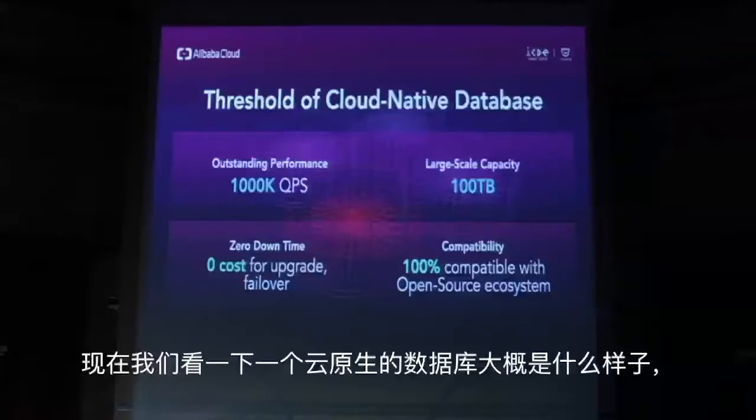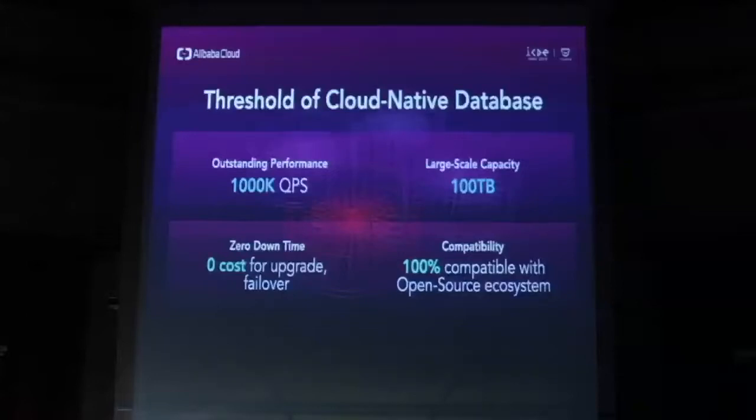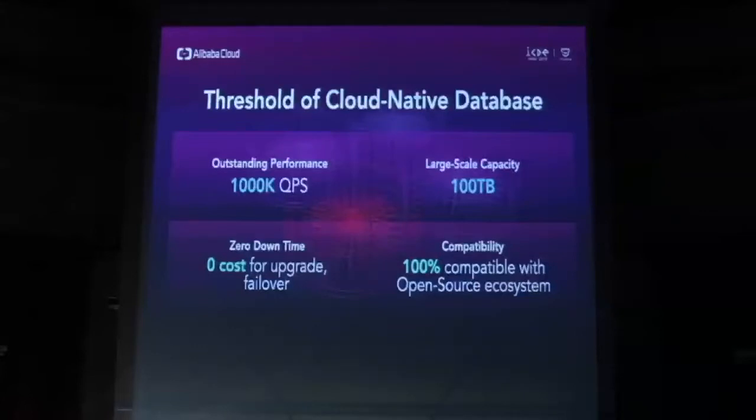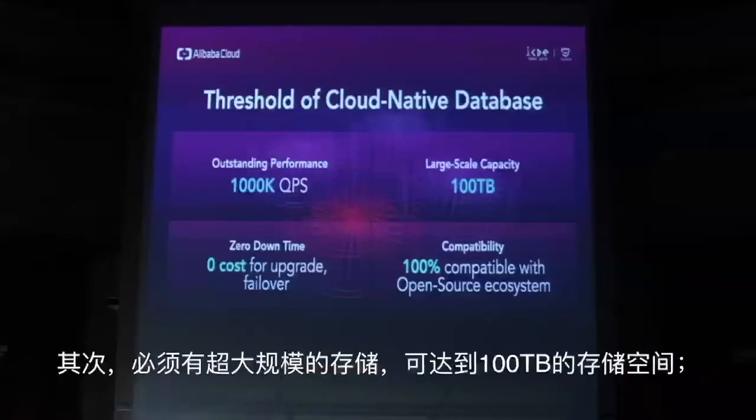Now let's take a look at what a cloud native database looks like. I call it the threshold of a cloud native database, or the basic properties of a cloud native database. First, it must have outstanding performance. It can serve a million requests per second. Second, it must have large-scale storage.